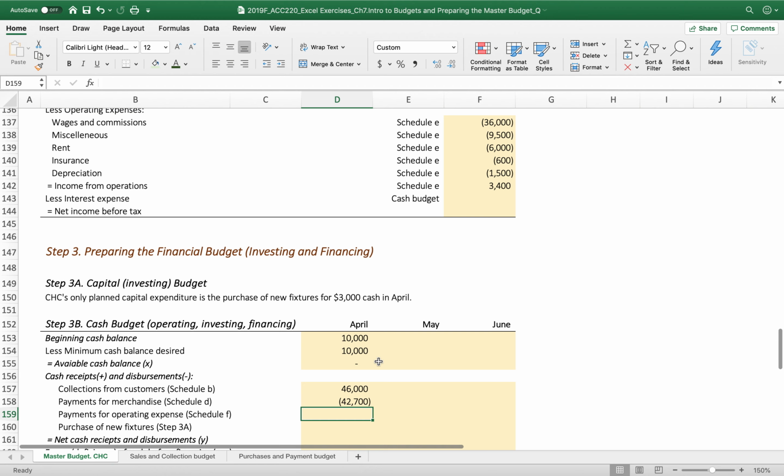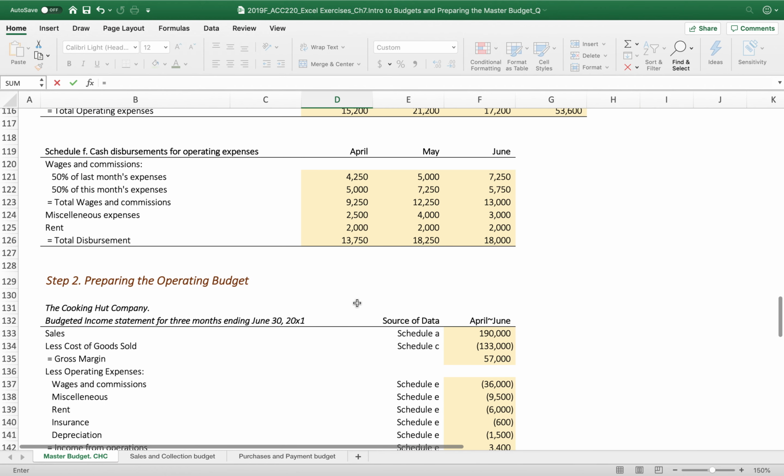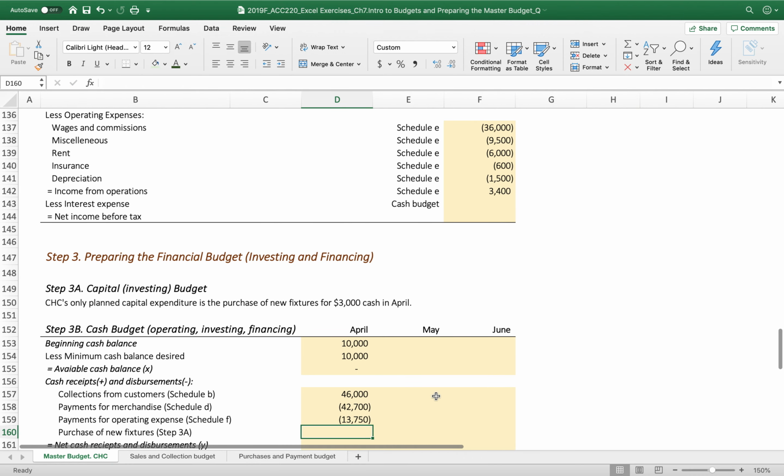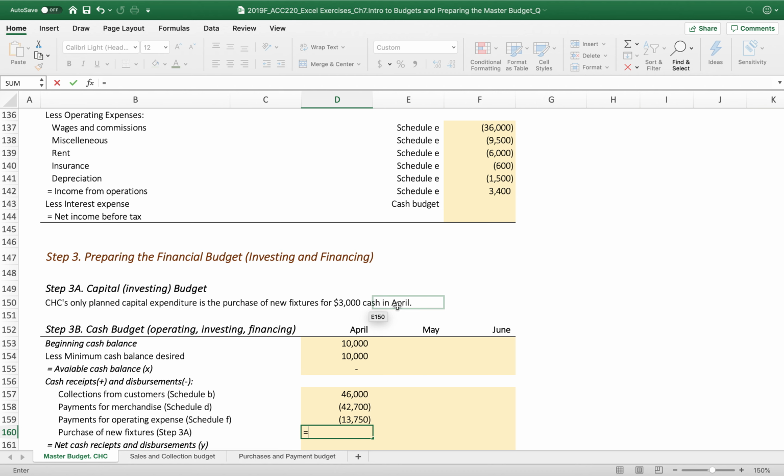And then payments for operating expenses on Schedule F. Minus Schedule F payment. How much is it? The operating expense total amount is 13,750. And then purchase of new fixtures: in Step 3A, we have $3,000 in April, the investing cash outflow.